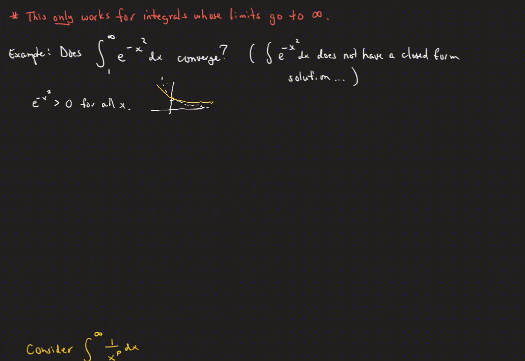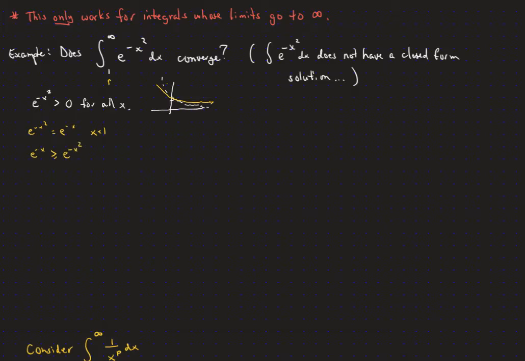That is, e to the negative x squared is equal to e to the negative x at x equals 1, which is our lower limit. And for every point after that, e to the negative x is going to be greater than or equal to e to the negative x squared.